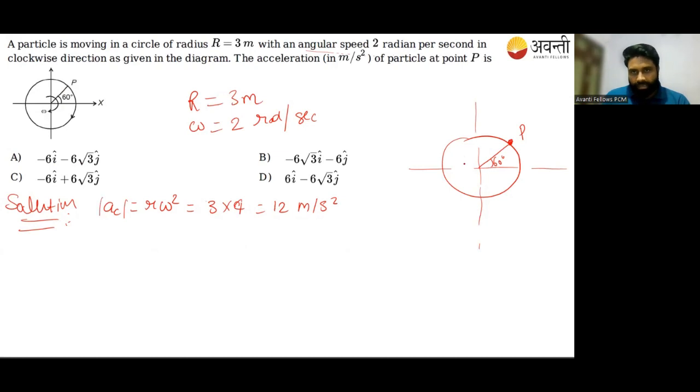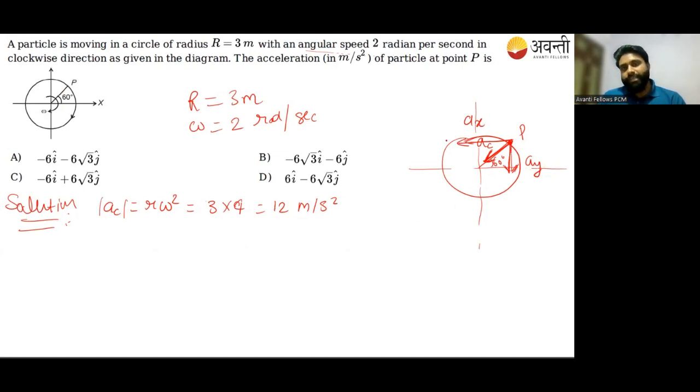Okay. Now this acceleration is acting in this direction, AC. So if you resolve, this is the component in the y direction, and this is the component in the x direction. But it is in downward direction, so it would be considered as negative.